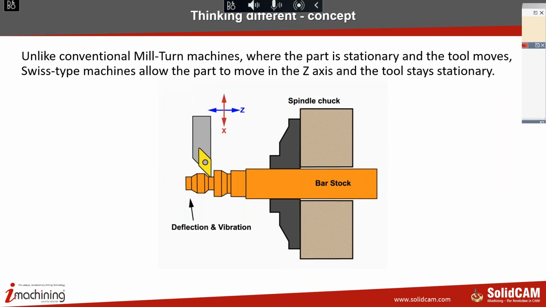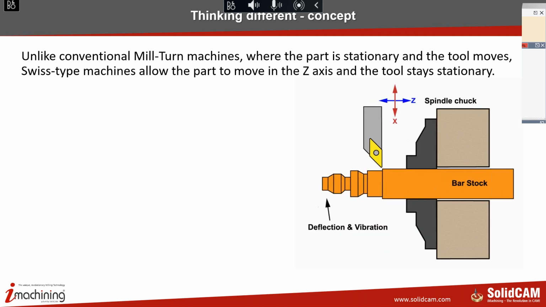In front of your screen, you can see the standard approach of the mill turn machine, where the bar is pretty long, and it is obvious that the part is not moving, it is just rotating, while the tool itself makes the main movements in X and Z direction. Because of this fact, deflection and vibration will happen at the beginning of the part.